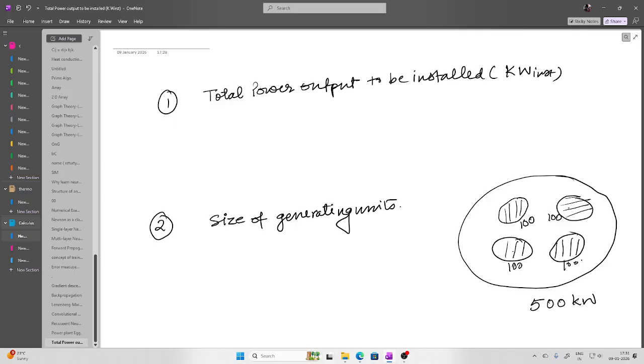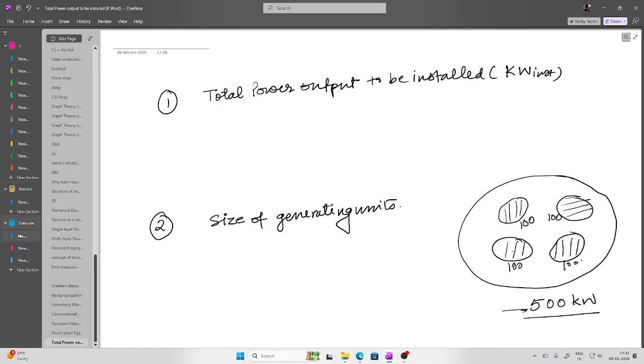If this particular unit, the small portion of the plant, goes for maintenance, then we can start this. So the power plant installation capacity is the total generating capacity of the whole, whereas the individual parts which produce the power and sum to this are what we call the generating units.